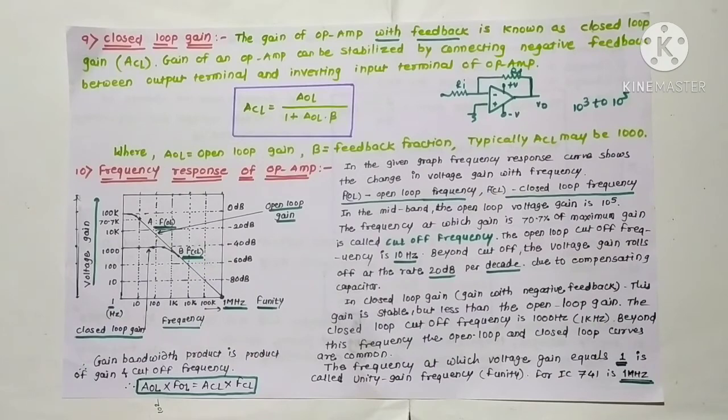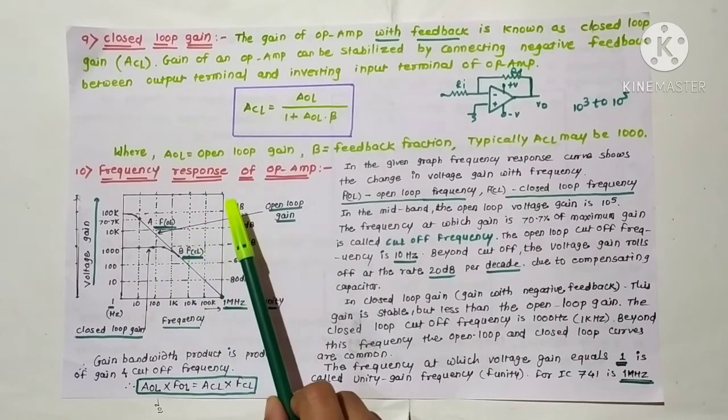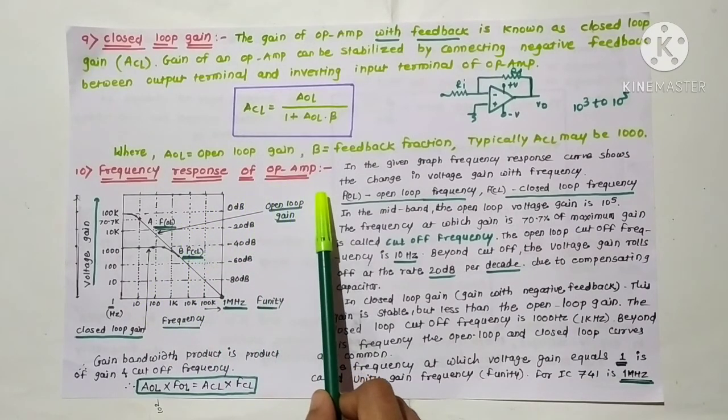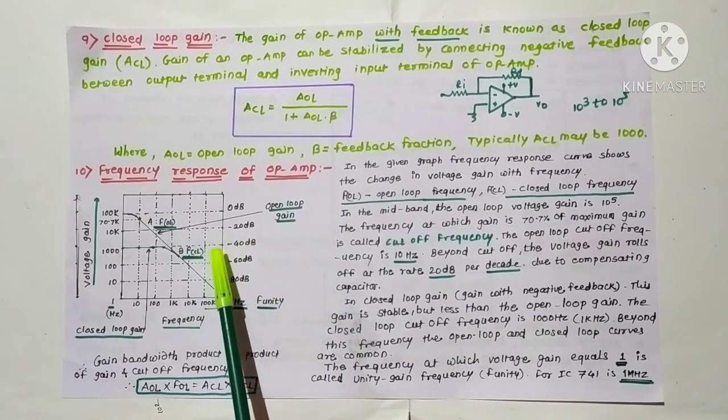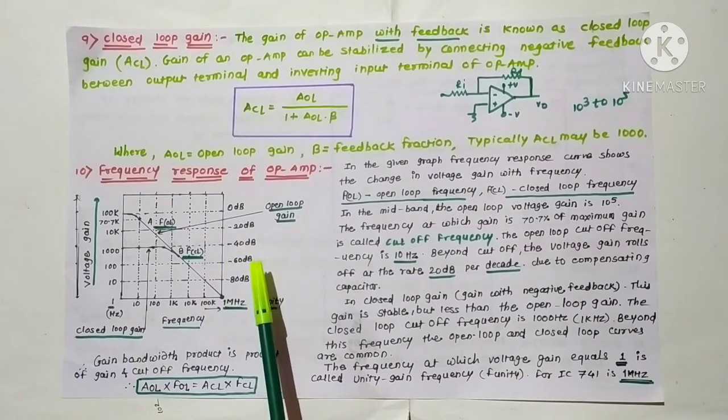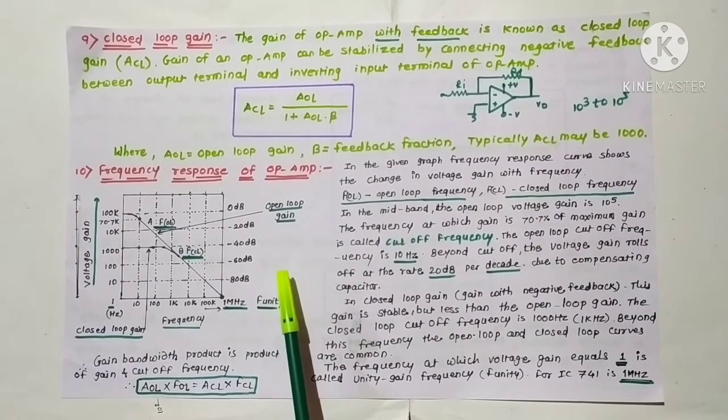Okay students, in this way there are different terms given in this graph and we have to see what the frequency response of this operational amplifier is. This parameter is asked in the board theory exam, the HSC board theory exam, many times. So remember this is a most important parameter. Okay students?